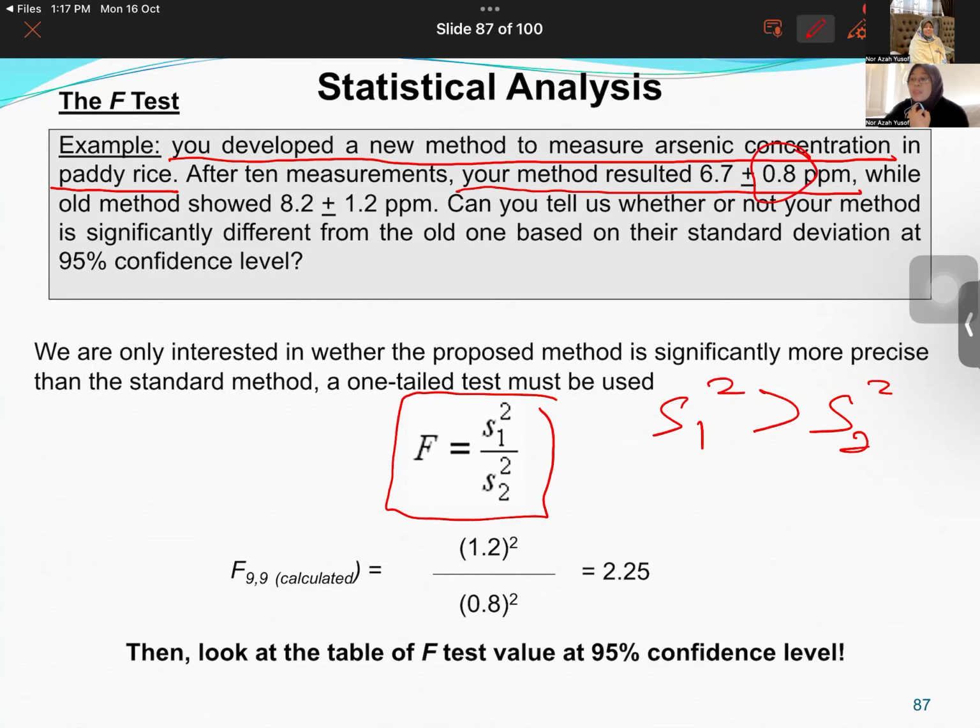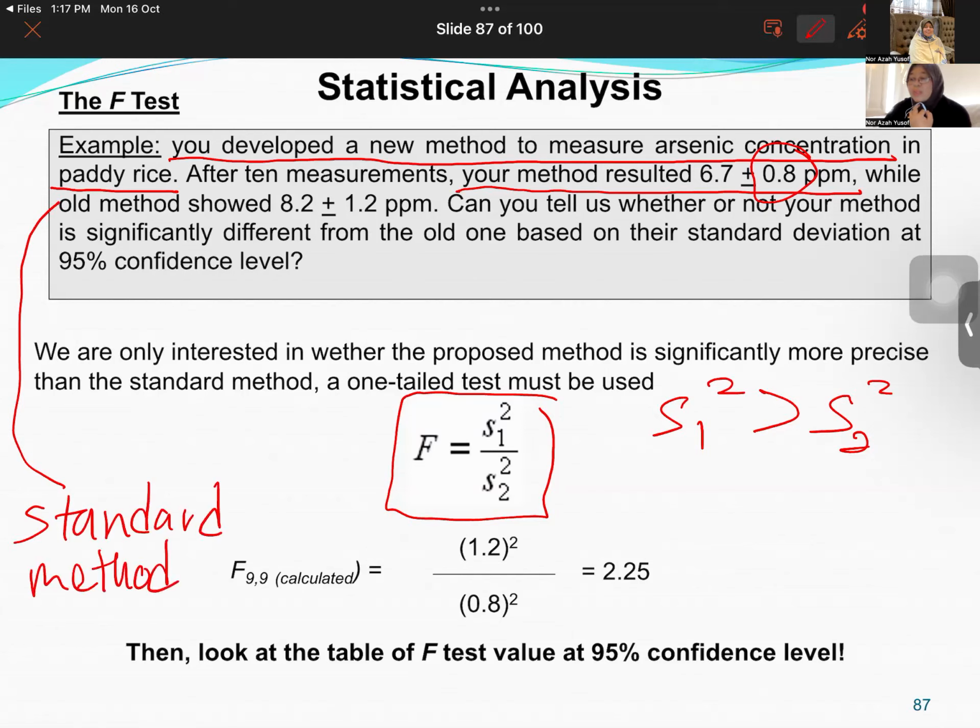While the old method, the standard method, run for example by another lab, CHM, gives you a mean of 8.2 and standard deviation plus minus 1.2.